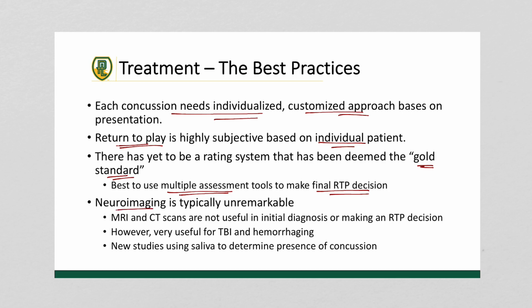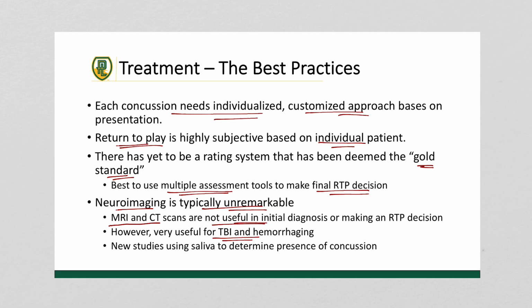Typically, neuroimaging is unremarkable. So MR and CT scans typically are not useful in the initial diagnosis unless, of course, you suspect a traumatic brain injury, which you're trying to rule out. So again, if you're suspecting traumatic brain injury, then MRI and CT are great. But if you're really dealing with a mild traumatic brain injury, they just aren't great diagnostic tools.